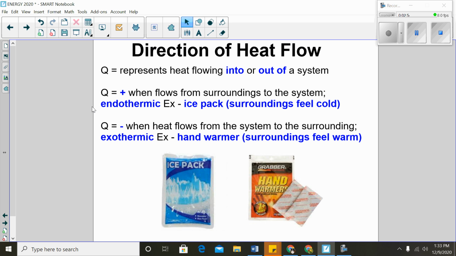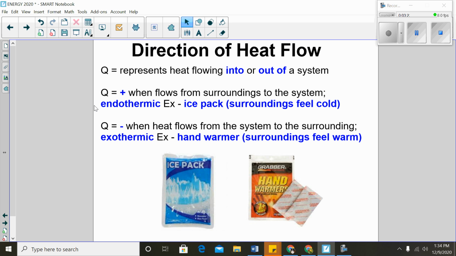I think that's too confusing with the elements hydrogen or helium. Also, H is referencing Planck's constant, which we learned about earlier. So another letter was chosen just to eliminate confusion, but I really don't know why it was Q. But nonetheless, Q represents heat flowing into or out of a system. Now, the into or out of a system is represented by a plus or a minus sign.